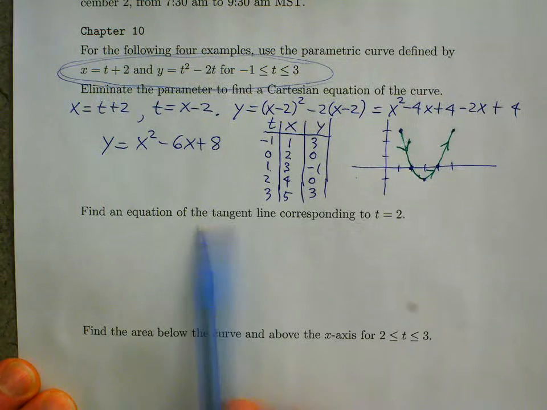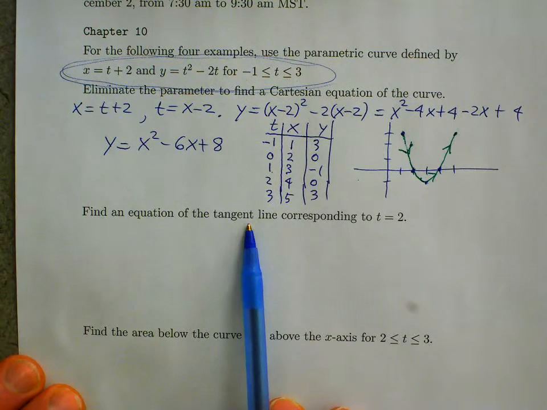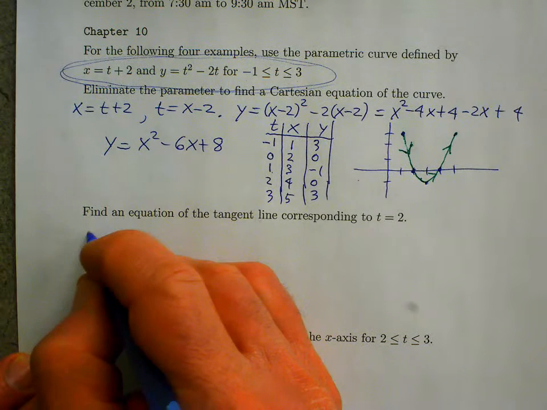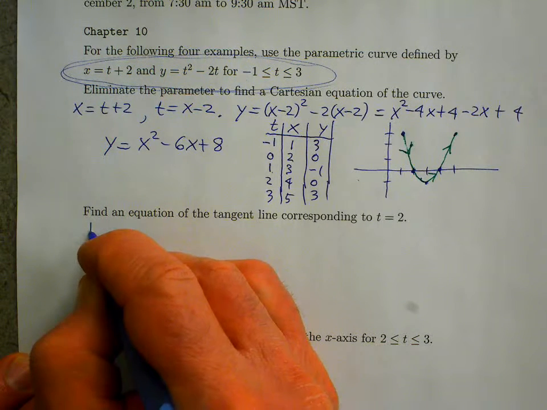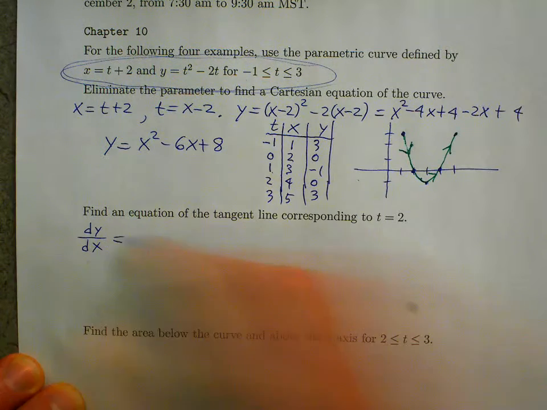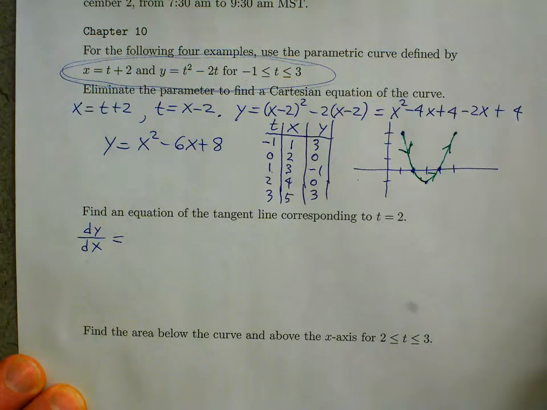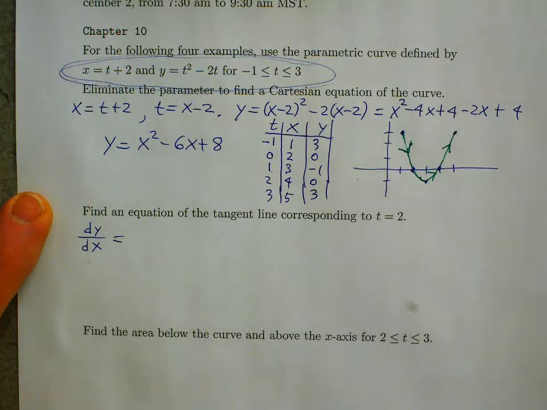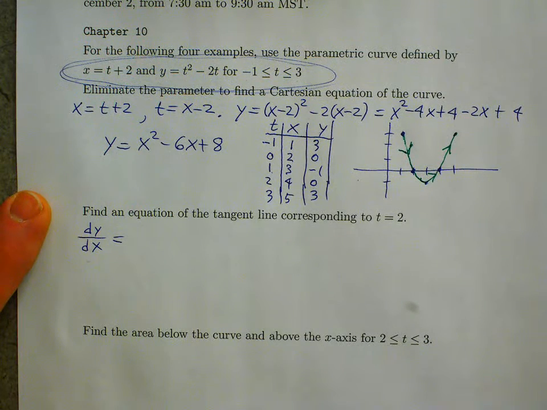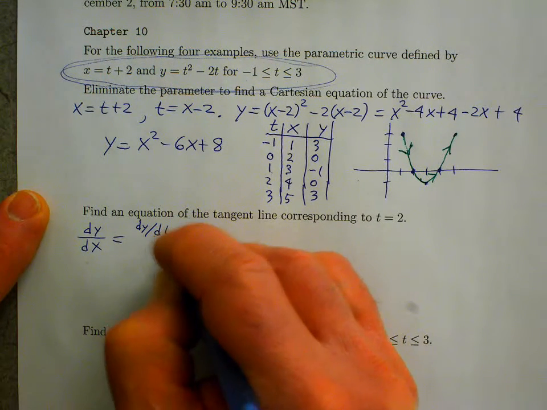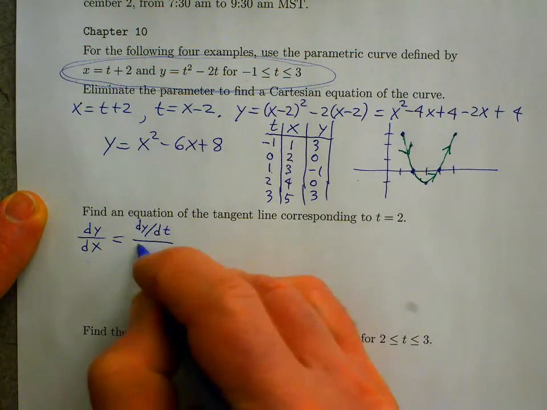So to find the slope of a tangent line, we need the derivative. So we need to know what dy/dx is. And when x and y are given as parametric equations in the variable t, dy/dx is dy/dt divided by dx/dt.